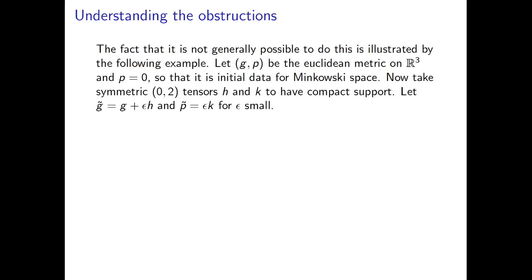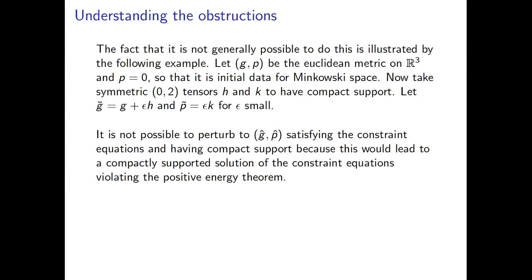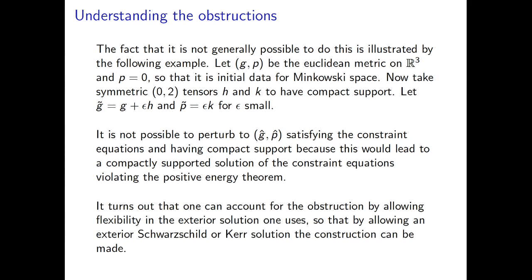Well, I can't do that keeping the compact support. However, I can do it if I allow things to be non-compactly supported. If I allow some deformation near infinity, then it is possible to do that. So one has to introduce some non-trivial behavior at infinity, but one can control the behavior.